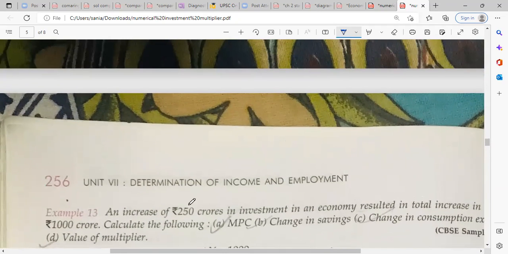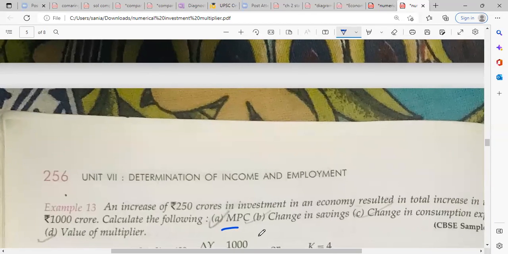Here, an increase in this. Okay, so first of all, you have to calculate MPC, then change in savings also, then change in consumption. So first calculate MPC, then change in savings. I'll let you know how you are going to do it.